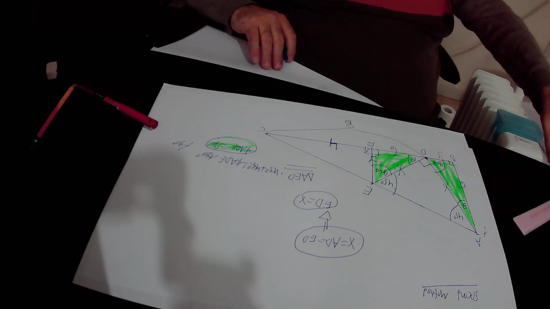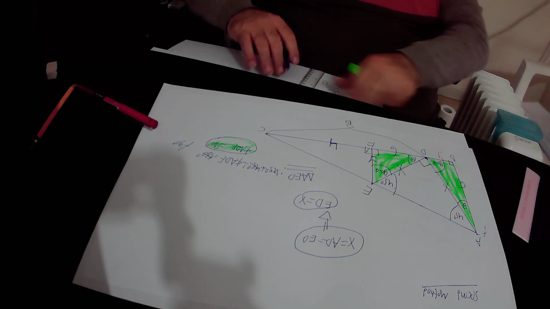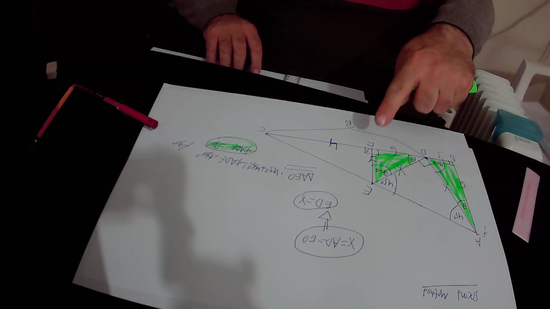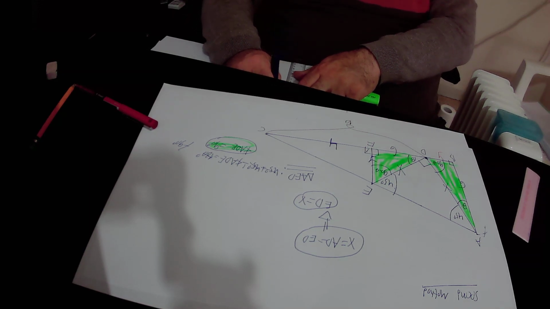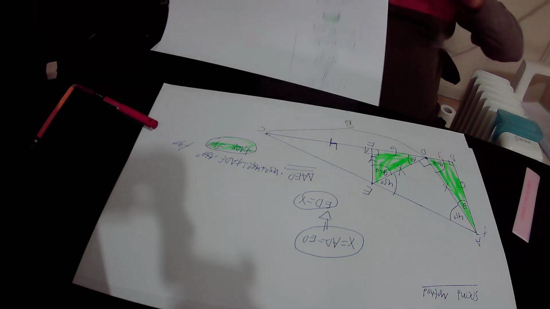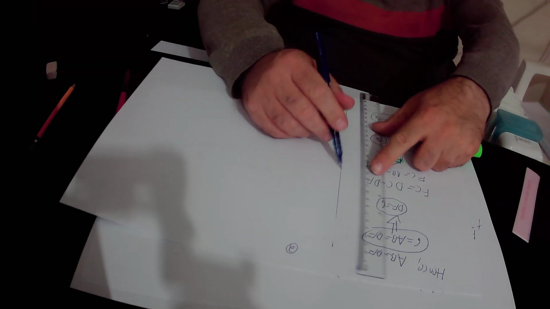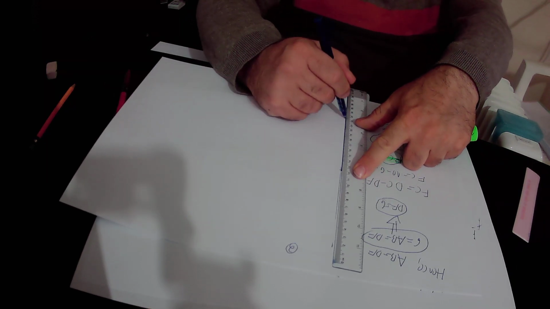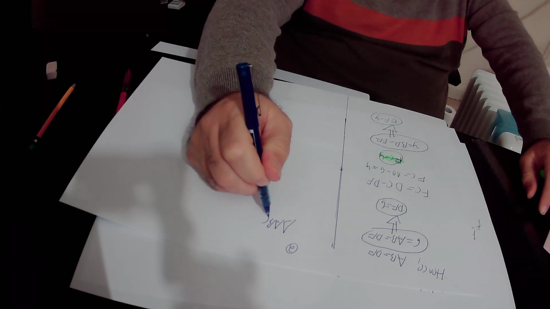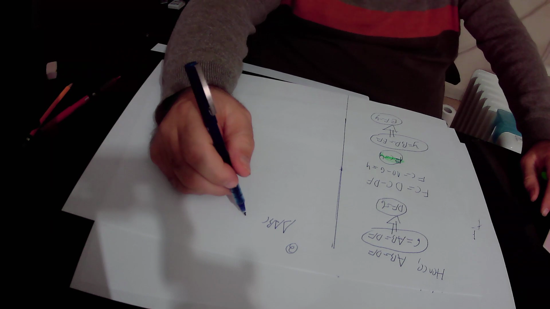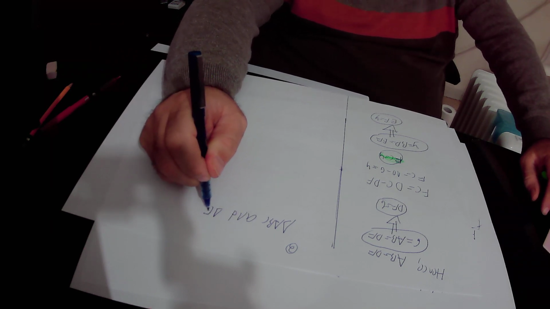In the next step, we will prove that the right triangle ABC is similar to the right small triangle EFC. I repeat again, we will prove that the right triangle ABC is similar to the right triangle EFC.